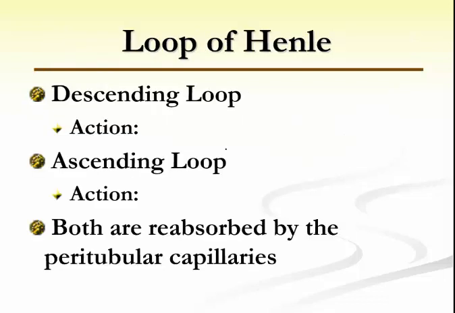There are two different actions that happen in the loop of Henle. In the descending loop of Henle, the action is to reabsorb water. But in the ascending loop, going back up the loop of Henle, the action is to reabsorb sodium ions. Okay, and both of those are going to end up going into the peritubular capillaries.